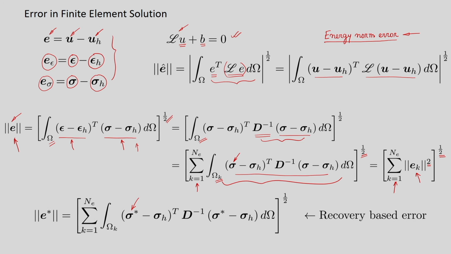The recovered stresses are basically the stresses that have been recovered from the finite element solution at certain points on the domain where we know that the stress values are very close to the exact, alright. So, those recovered stresses, okay, we will use instead of the exact solution, because the exact stress is not known.